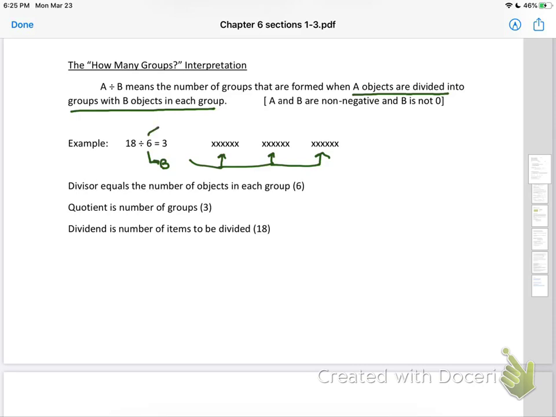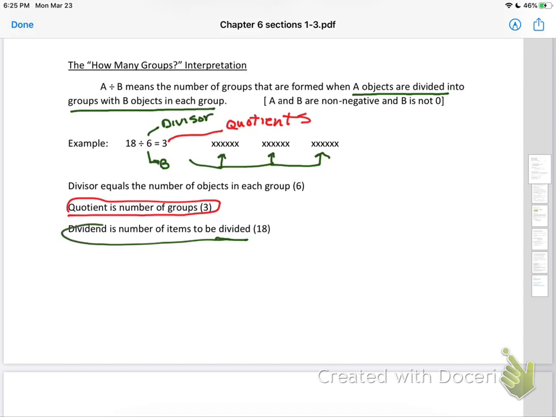So remember, the 6 is the divisor. The quotient, which is the answer, would be the 3. It tells you how many groups you have. And then lastly, the dividend is the number of items to be divided. So this would be the dividend.